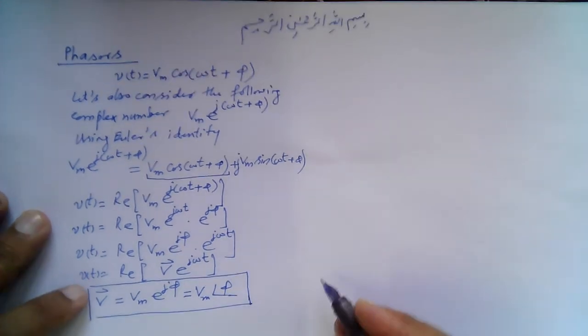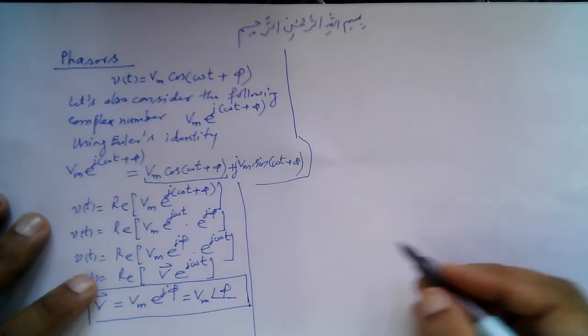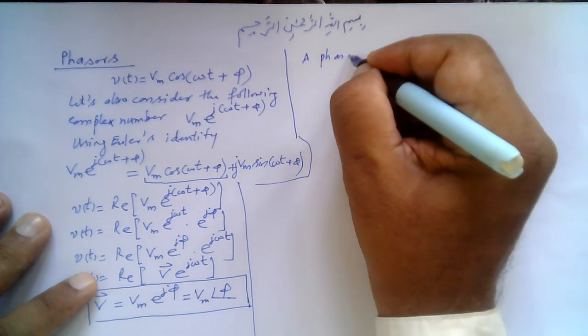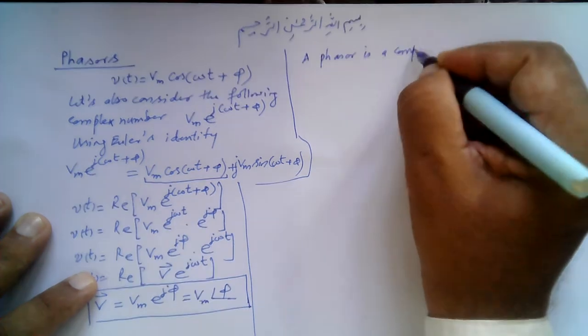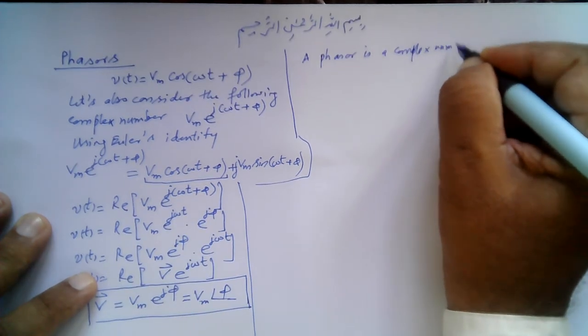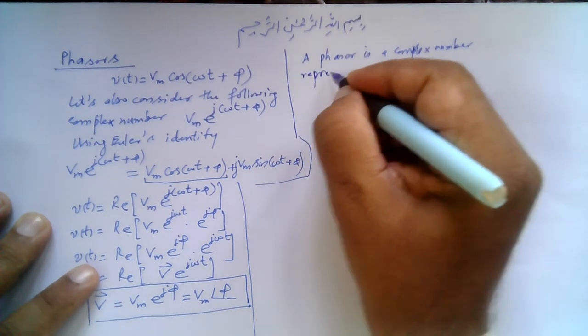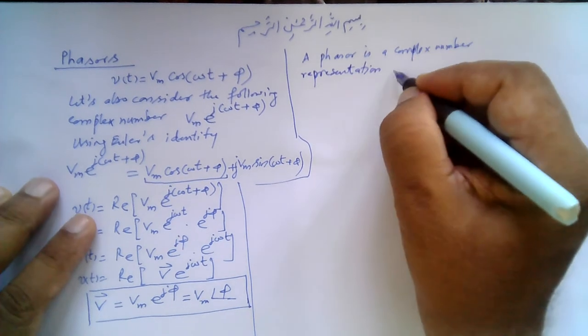So in short, what we can say is a phasor is a complex number representation of a sinusoid.